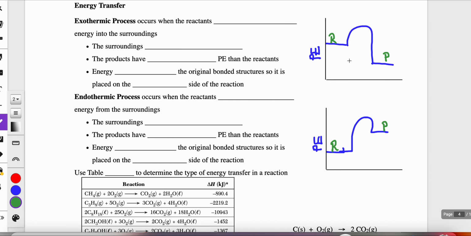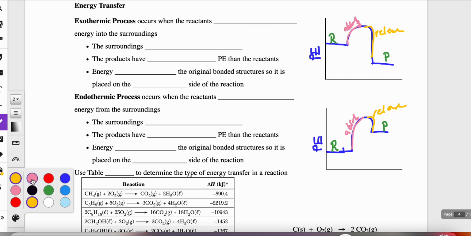And it doesn't matter which diagram you are looking at, when you are leaving the reactants and going up the hill, this is the place where energy is absorbed. And then, once you reach the peak and you start the downward slide, that always represents a place where energy is released.